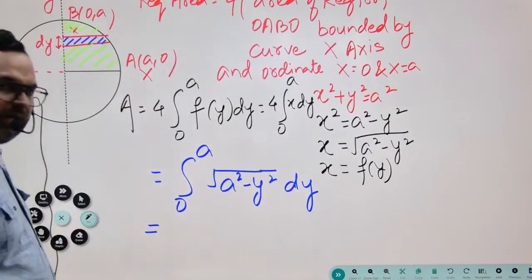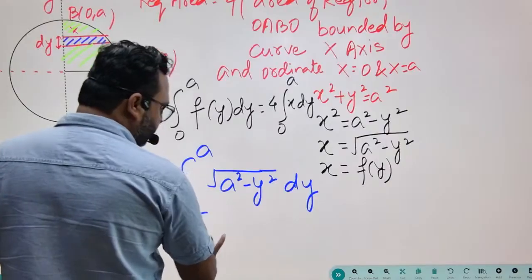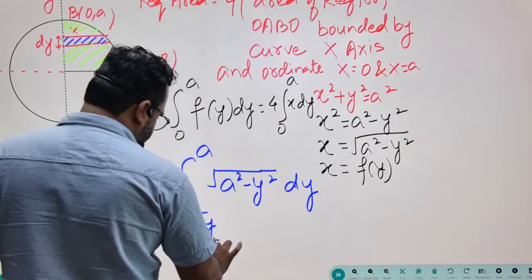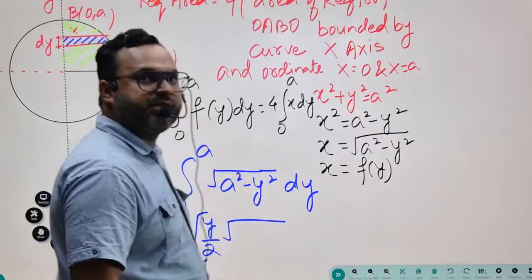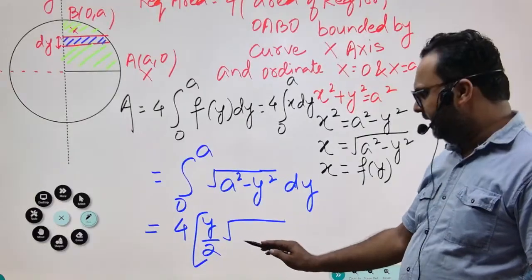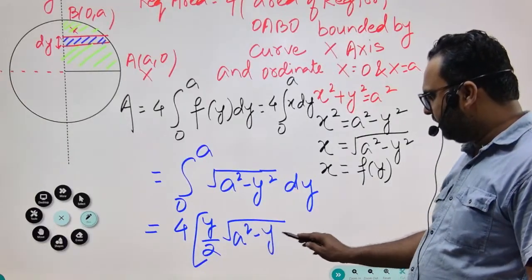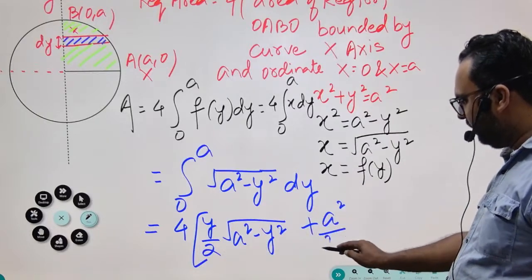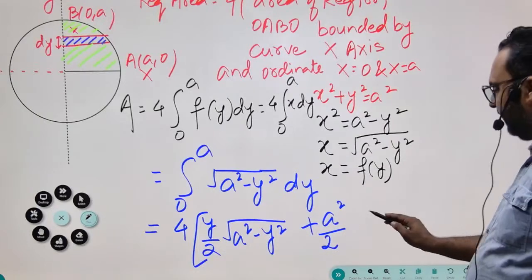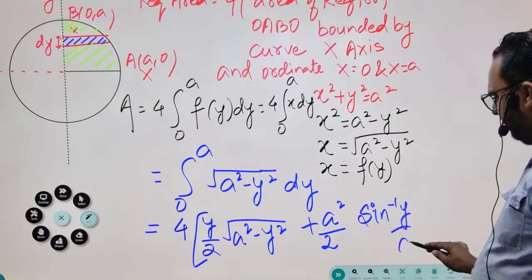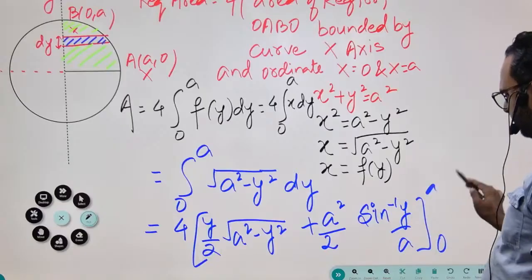Now we need to integrate. Put the values: y by 2 root of a square minus y square plus a square over 2 sine inverse of y by a, with limits from 0 to a. I'm just doing the integration part.